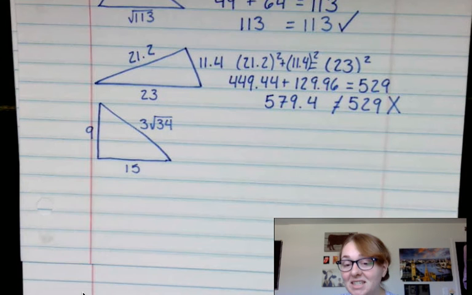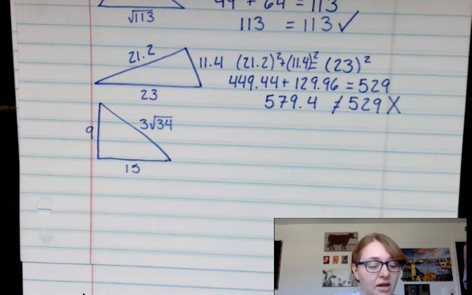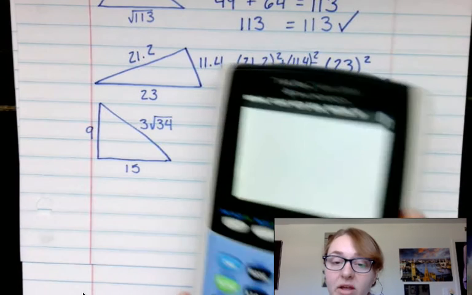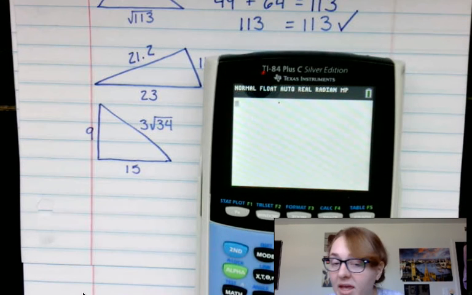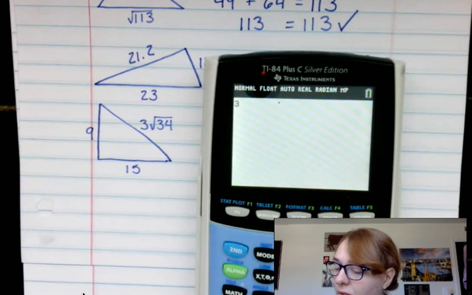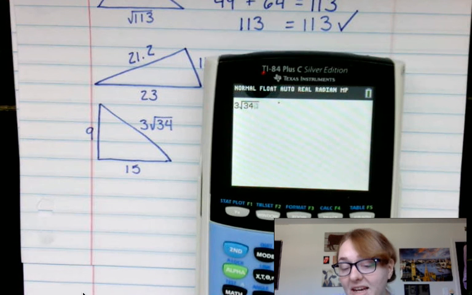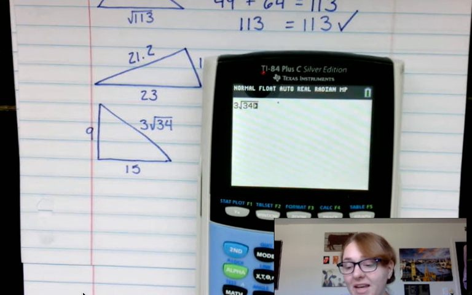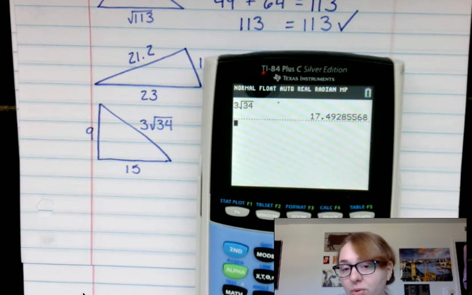Okay, so we have to decide which side is our longest side, that hypotenuse. So once again, I'm going to take a look at my calculator, and I'm going to type in 3 root 34 to get a decimal approximation to see if it is greater than 9 and 15, or if 15 is our hypotenuse. So the decimal approximation for this is 17.49.